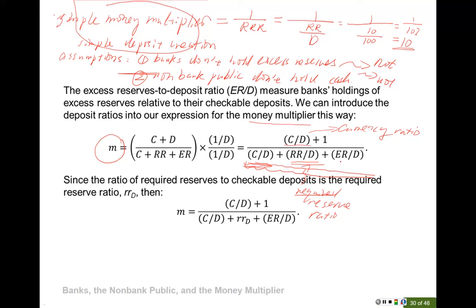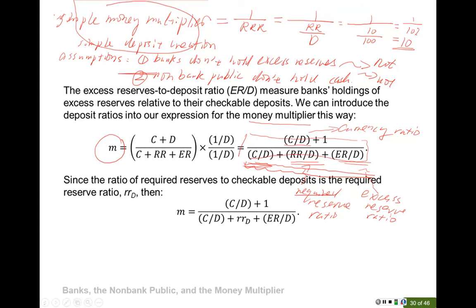And the last part is the excess reserve amount divided by the amount of deposits. That's called the excess reserve ratio. So if banks hold excess reserves and the public holds cash, the money multiplier actually equals this big equation here.